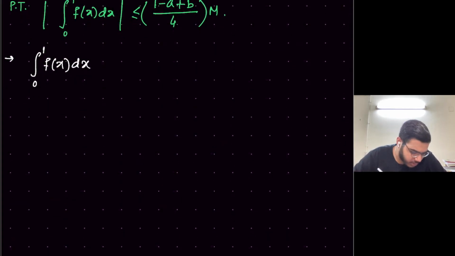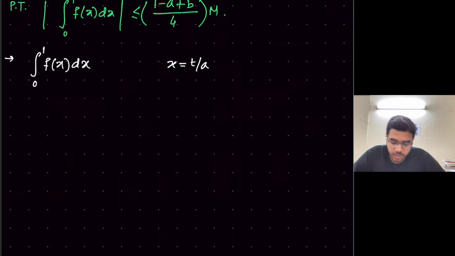So what I'll do here, let's consider x equal to t by a. We are allowed to make such a transformation.